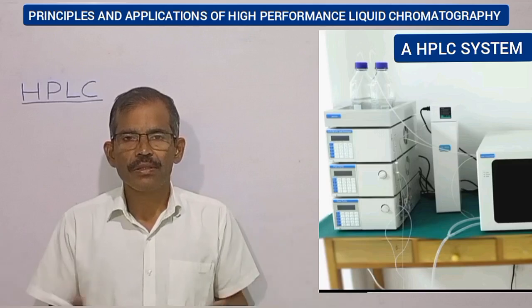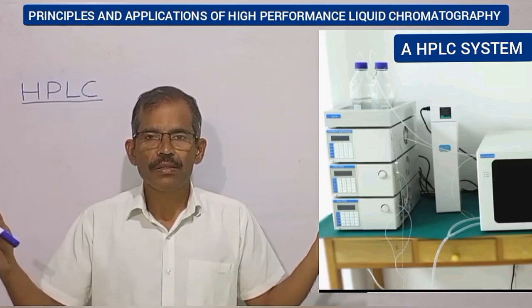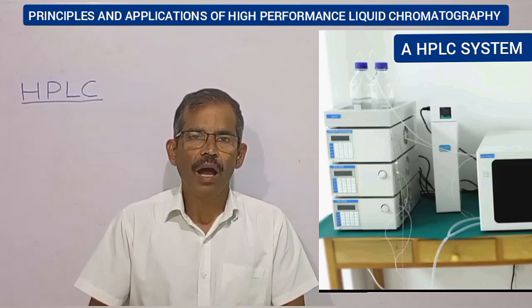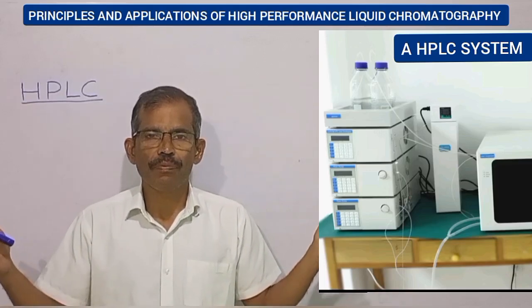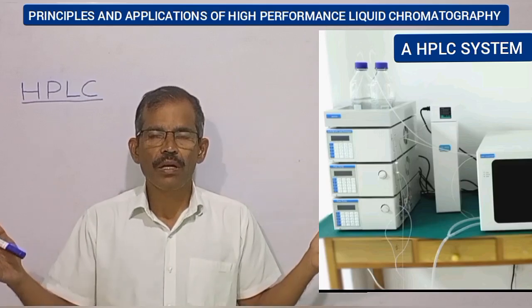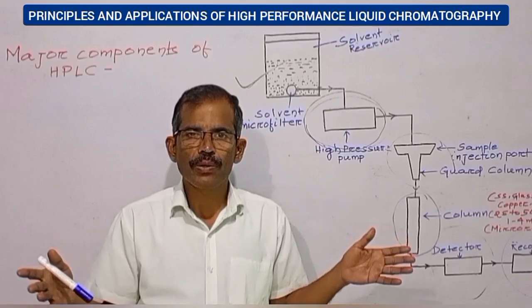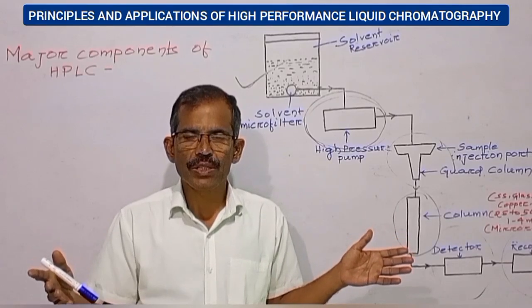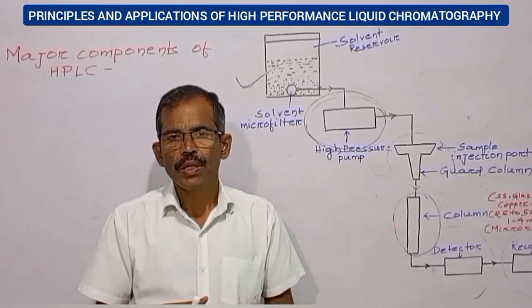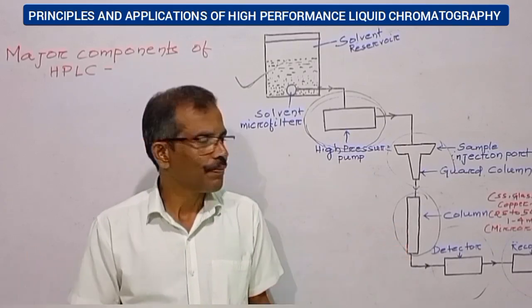Because of this, the time of the experiment is reduced considerably. Because this technique applies high pressure to increase the flow rate, it is also called high pressure liquid chromatography. Although high performance liquid chromatography is primarily used for analytical purposes, it can also be used as a preparative technique.